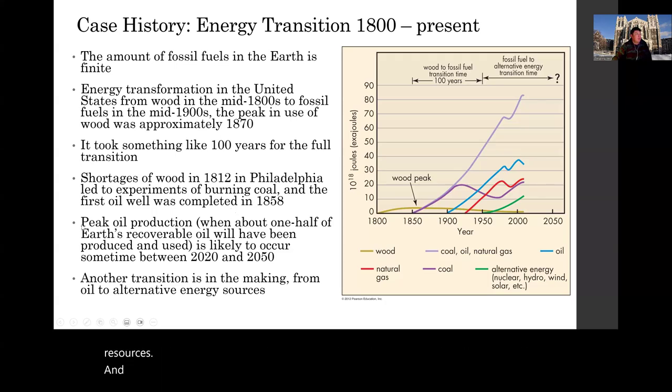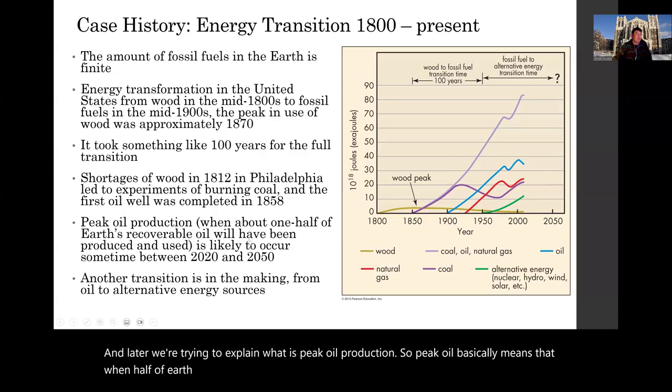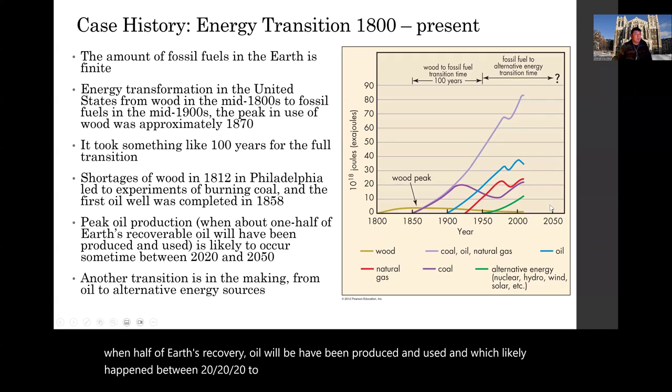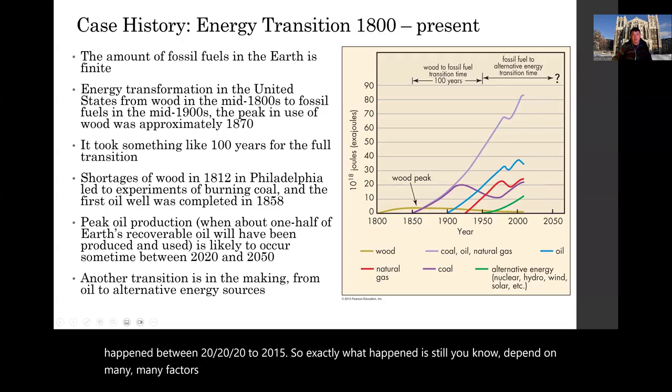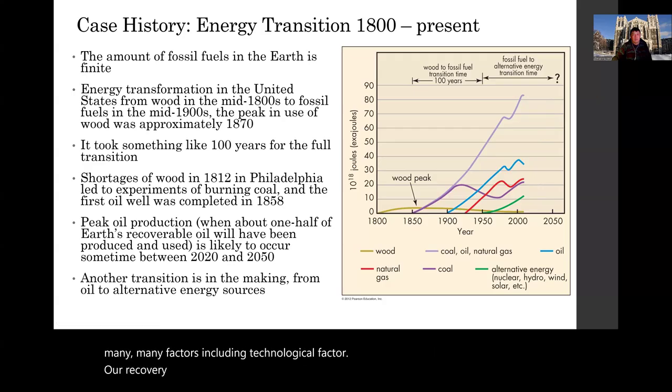Later we'll explain what peak oil production is. Peak oil basically means the point when half of Earth's recoverable oil has been produced and used, which will likely happen between 2020 and 2050. Exactly when it happens still depends on many factors, including technology, our recovery techniques, and the speed of consumption.